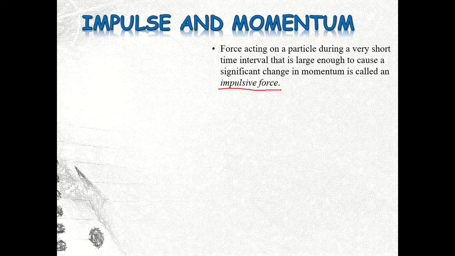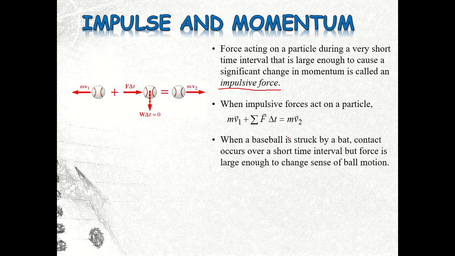When impulsive forces act on a particle, we have here mv1, the product of the mass times the vector velocity, plus the summation of this impulsive force times delta t is equal to the mass times the vector velocity sub 2. This expression can be represented as this in our free body diagram.